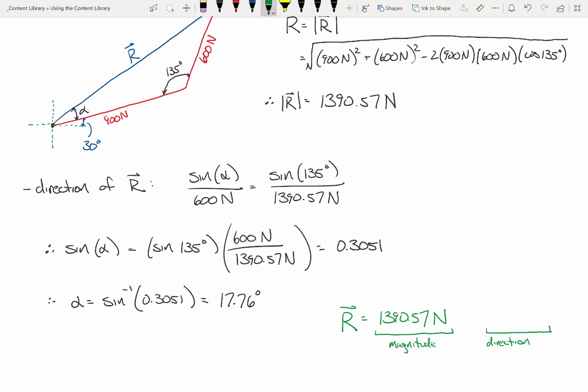I want to be clear about what we're saying. Let's think about a physical representation of this. Here's the ground.